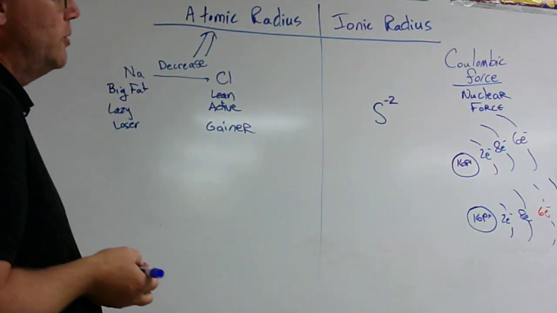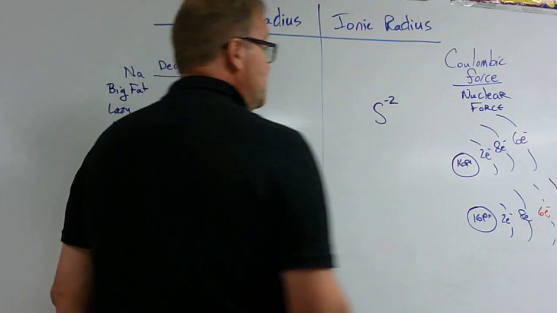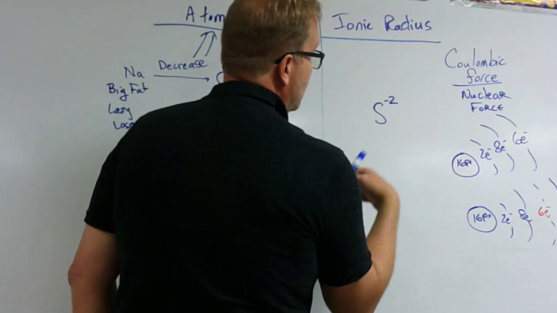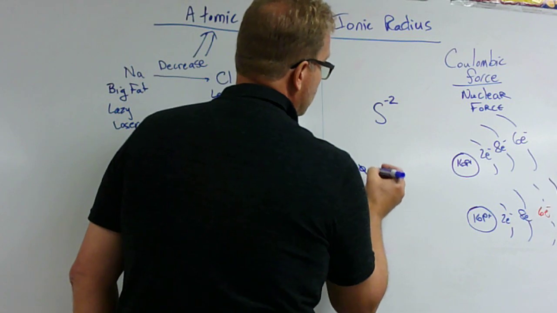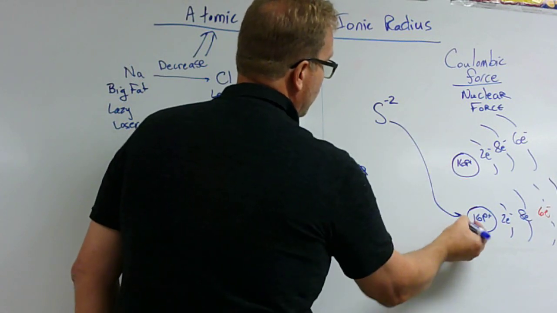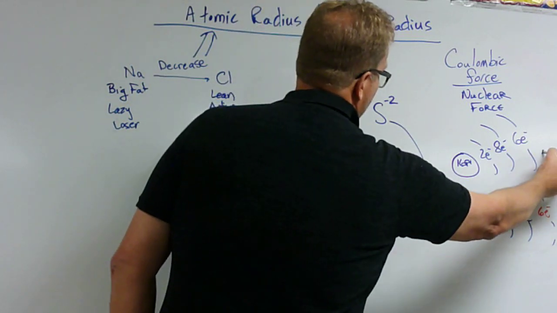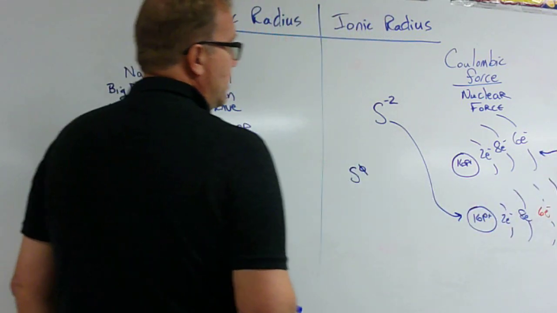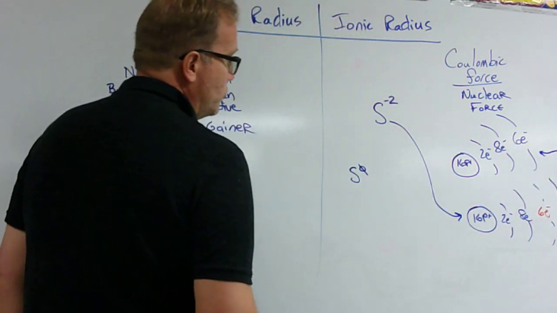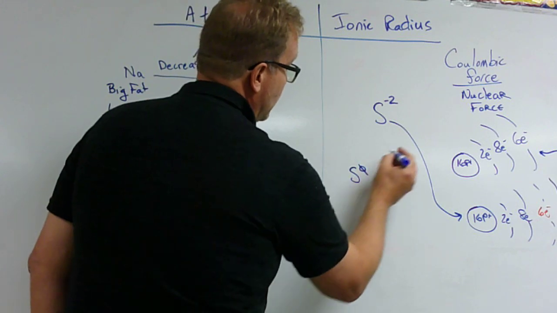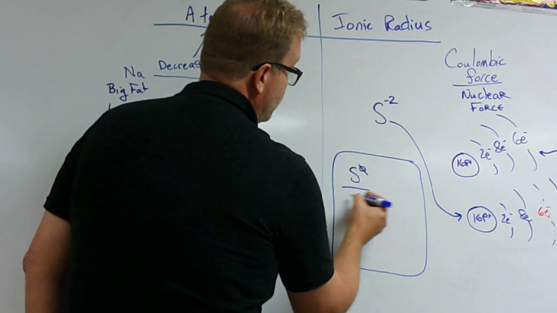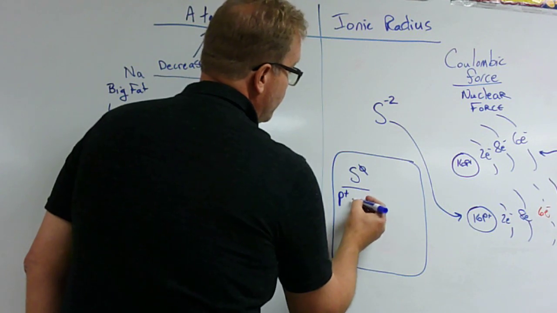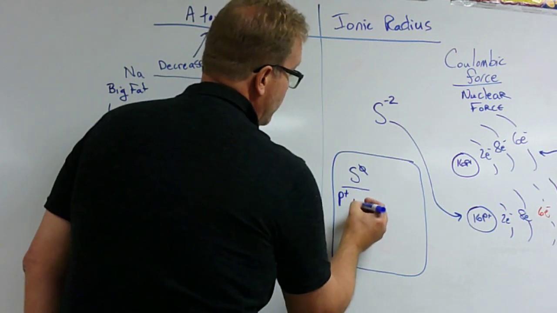Now if we remember our atomic structure, again, we're going to deal with the S neutral right now. I'm going to draw a line here. If I do my S neutral, I'm not going to change the neutrons much because, again, we're not really worried about those.